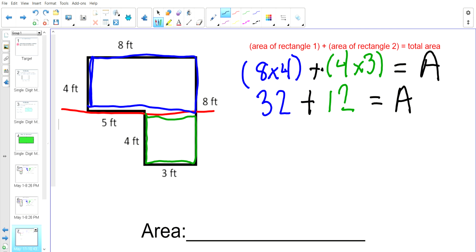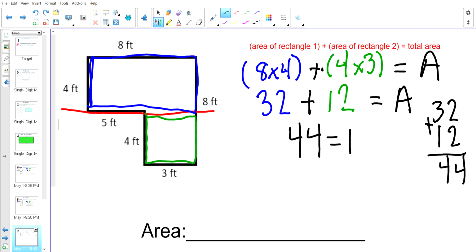You already know, third grade, that we always do our best addition when we add vertically. So I'm going to write the problem vertically and carefully add. On your paper, carefully add 32 plus 12. 32 plus 12 equals 44. 44 equals the area.